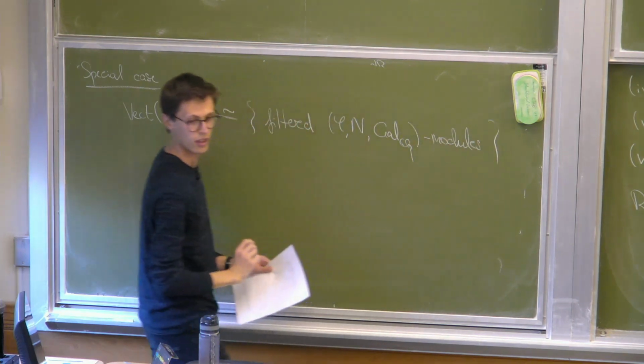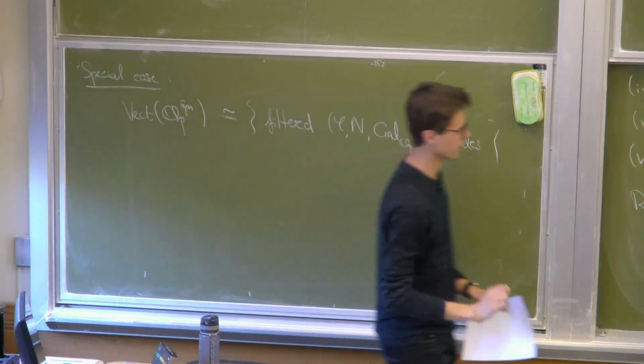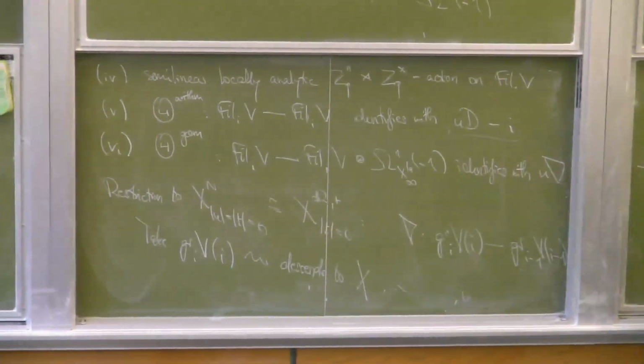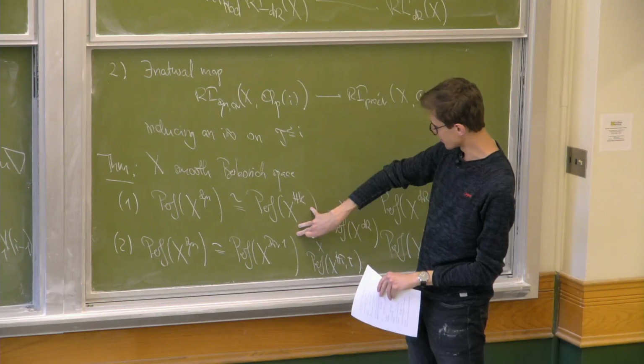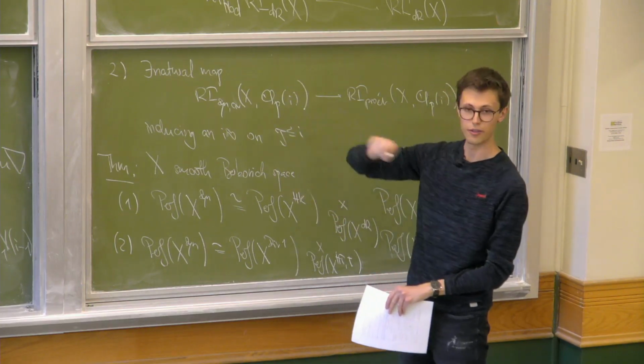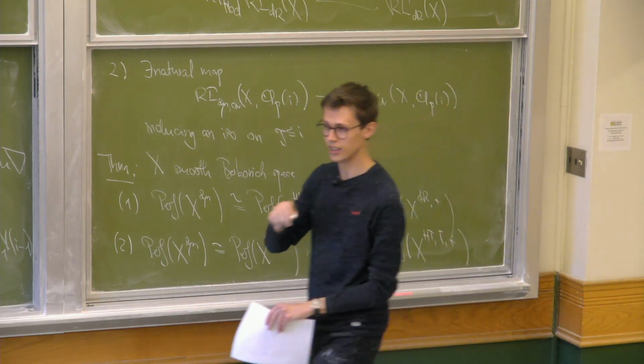Sort of because on Qp de Rham plus I get a filtration, and then vector bundles on Qp Hodge-Tate are precisely these phi-N Galois modules.